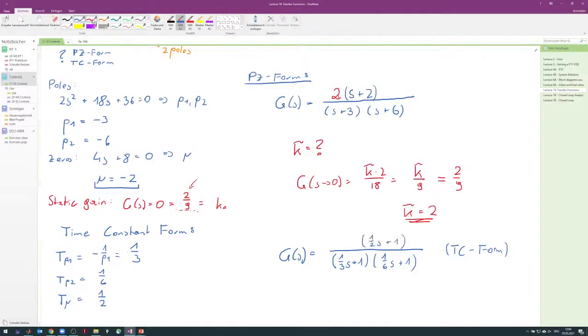So the question now again is, what goes here? This is already the answer before I raise the question. Obviously, it needs to be 2 over 9, right?